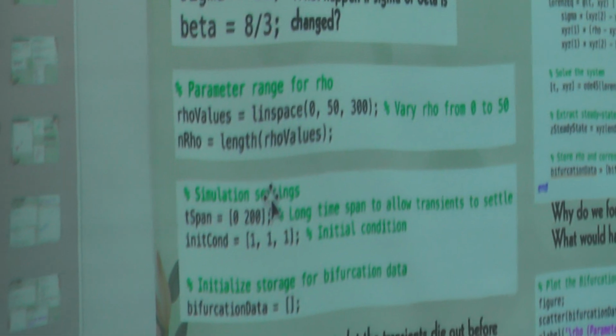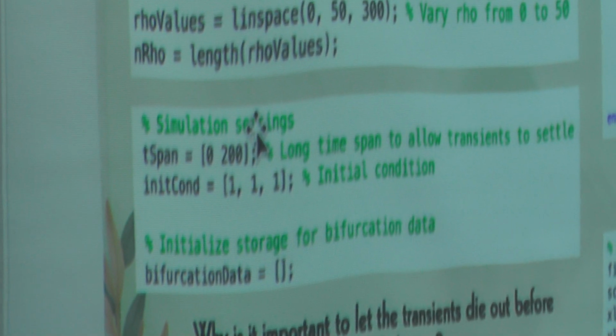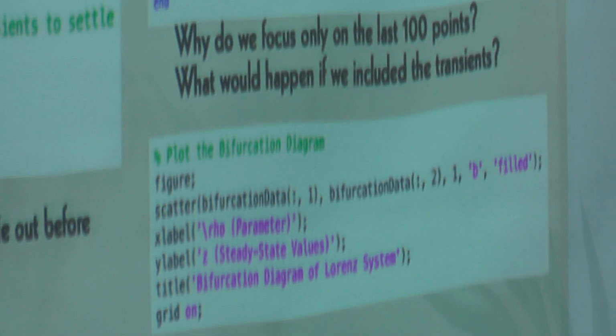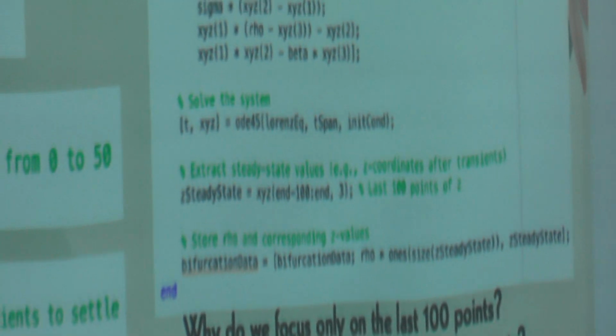Okay, and then we store rho and also the corresponding values. And then we can plot the bifurcation diagram.